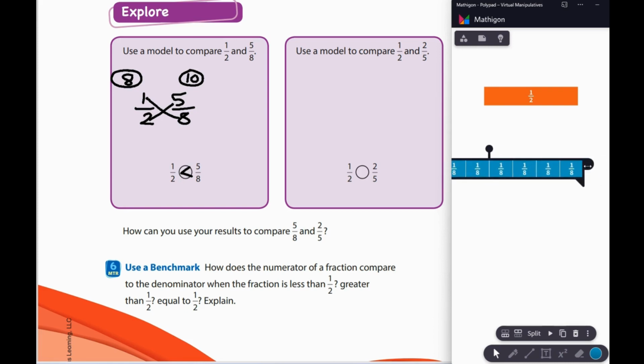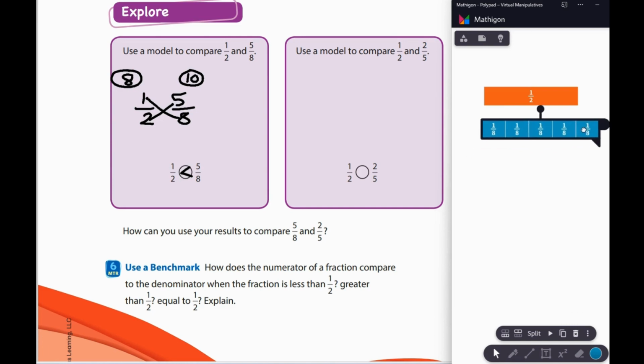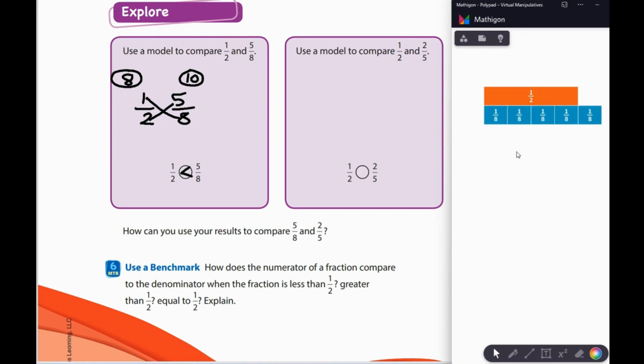And I'm going to get only 5 out of the 8. So I have 5. And then I'm going to line them up. Okay. So if you can see which fraction is greater, 1/2 or 5/8, we know that 5/8 is greater.